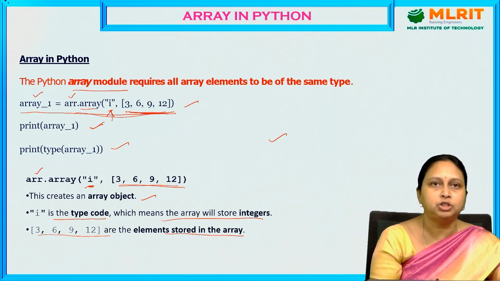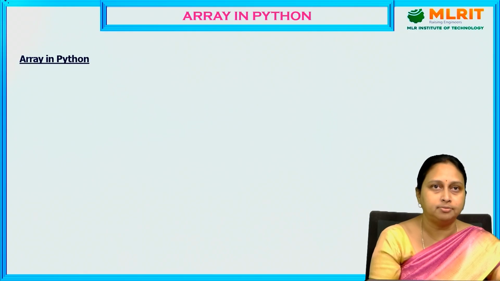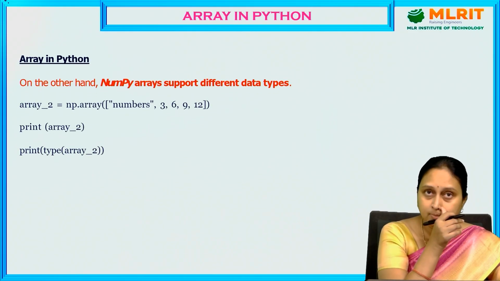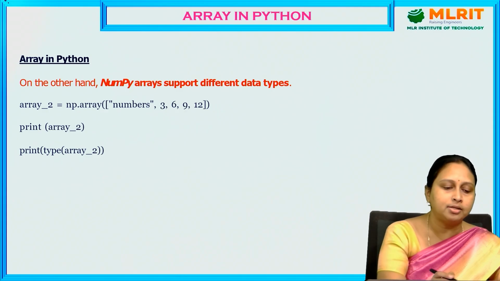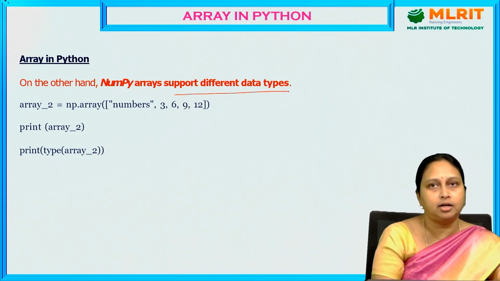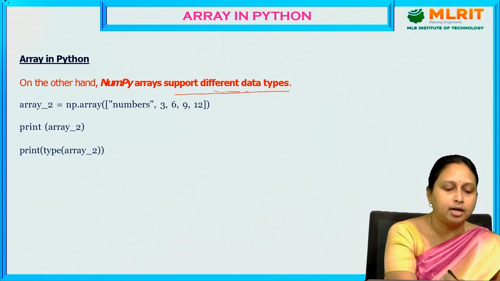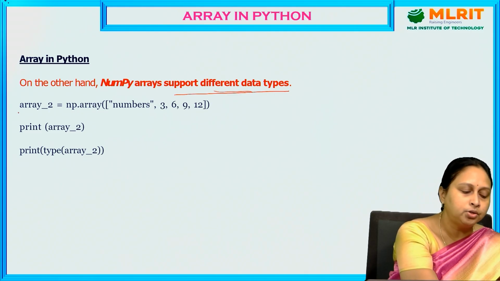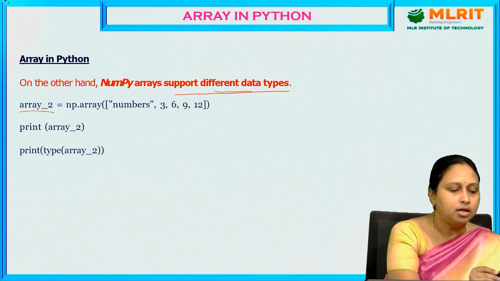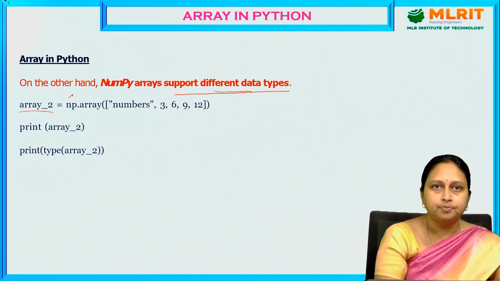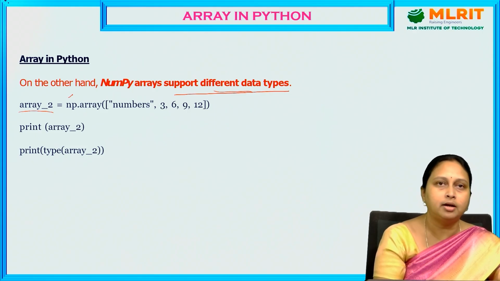The other one is the NumPy array in Python, the other method where we use NumPy arrays for supporting different data types, right? The previous one has the same data type, but here NumPy supports different data types. Now what are we going to do here? array2 is a variable, NP is nothing but the module we have imported for array, the shortened name for NumPy, right?